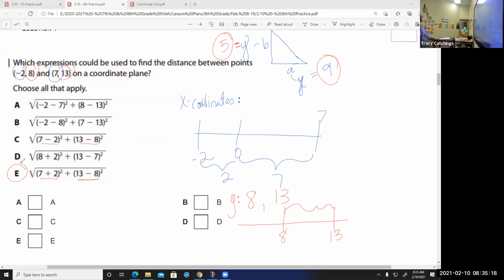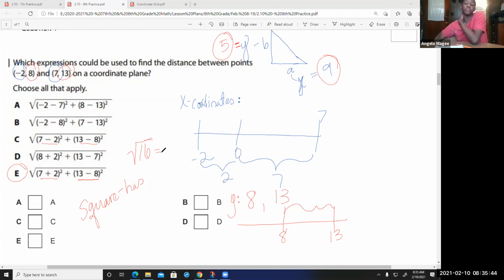All right, while you're thinking, a square has how many answers? If I was to take the square root of something, how many answers would it have? Square root of 16 is known to be what? 4. What else can I multiply by itself to get 16?